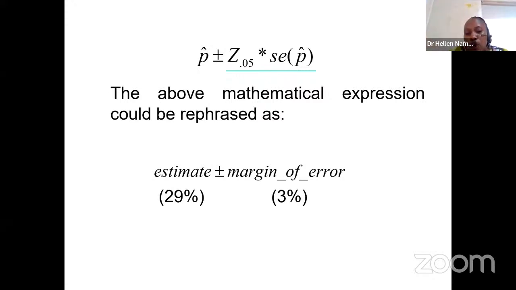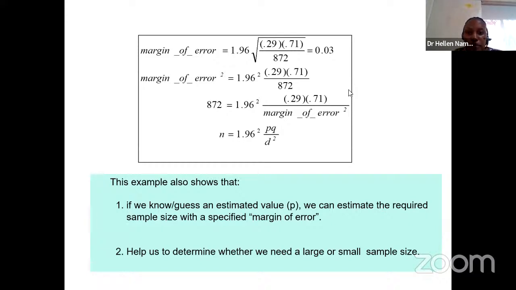So that's why we put in the sampling error and we put a plus or minus. So what I have here is the same thing. Like I mentioned earlier, the margin of error was equal to the whole of the right-hand side.